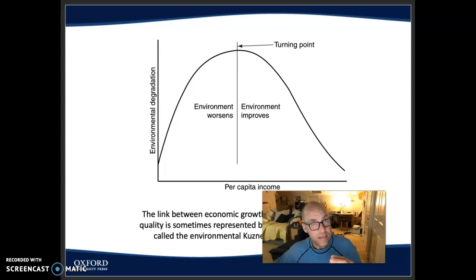The idea behind this is that in rapidly developing nations, the effect of the actual growth of that country is going to overwhelm any kind of environmental regulatory attempts, because it's going so quickly and so rapidly. People really aren't going to care or have time to think about the environmental impacts or protecting the environment.